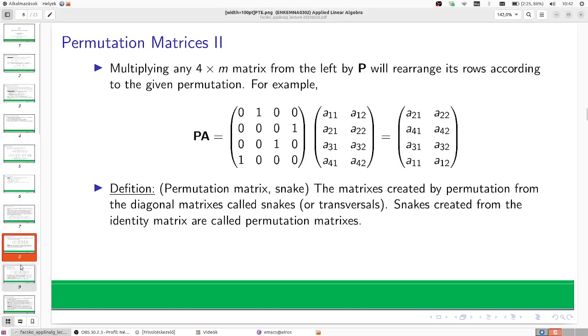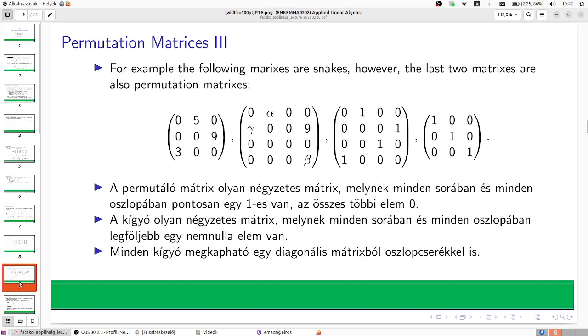Okay, so these are snakes and the last two are permutation matrices.